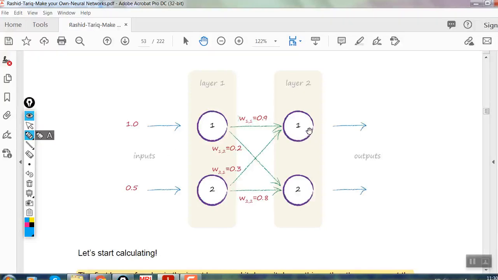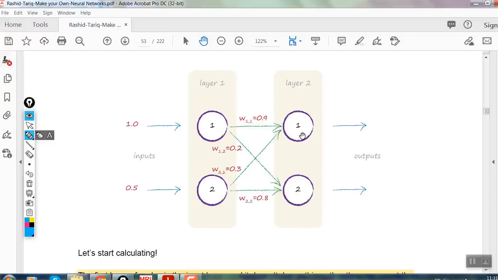Then how do we calculate it? The value of node 1 in layer 1 is 1, multiplied by W11, and reaches neuron 1 in layer 2. On the other hand, the value of node 2, 0.5, is multiplied by W21, and again it reaches neuron 1.